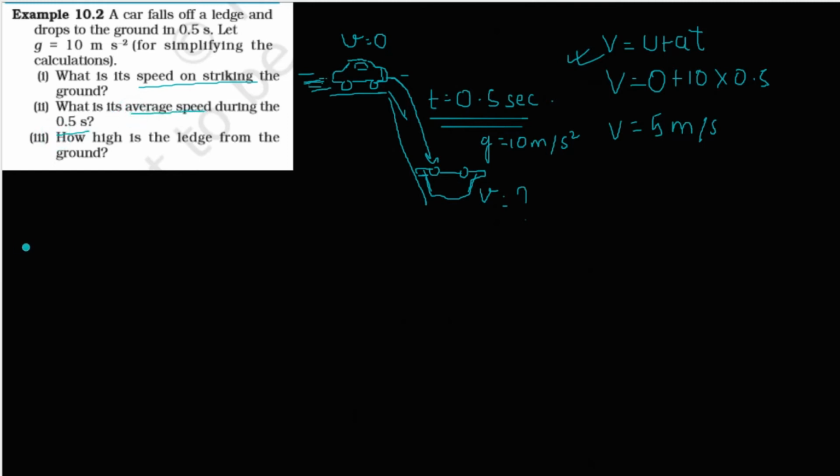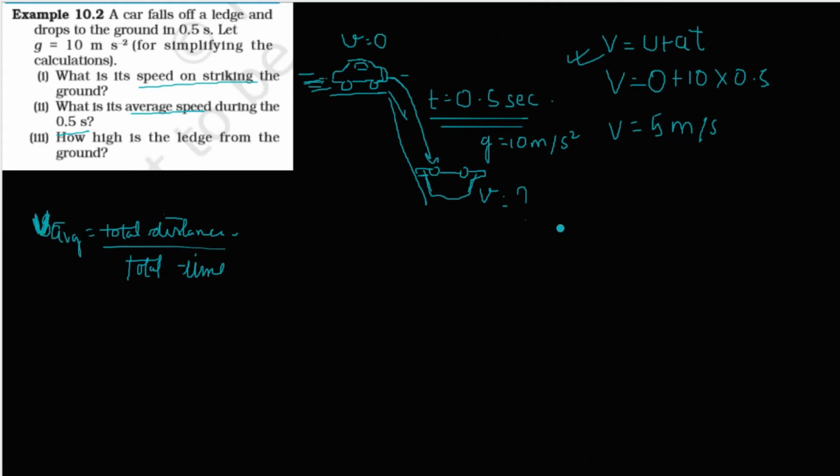Next, the average speed. Now for average speed, what do you do? Total distance upon total time. Okay, I don't know the distance, so what will you do?